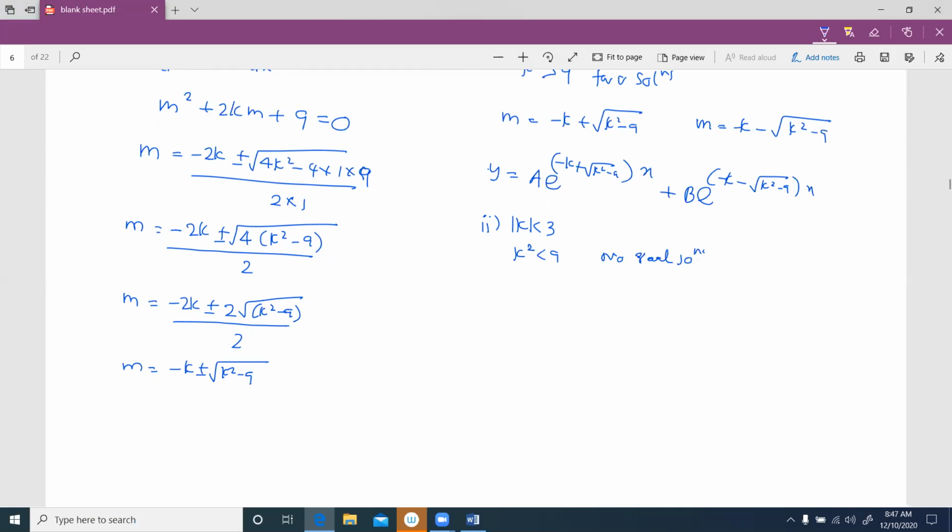So over here, the solutions for m become minus k plus or minus i times the square root of k squared minus 9. So that answer is negative, so you don't have real solutions for that kind of question. That means the term inside the square root becomes a complex number. That is the fact we need to understand from this question today. Hope you can understand what I'm saying.